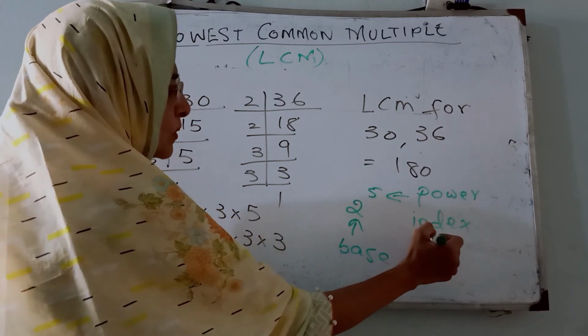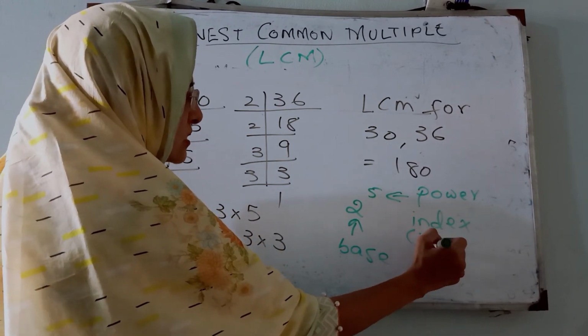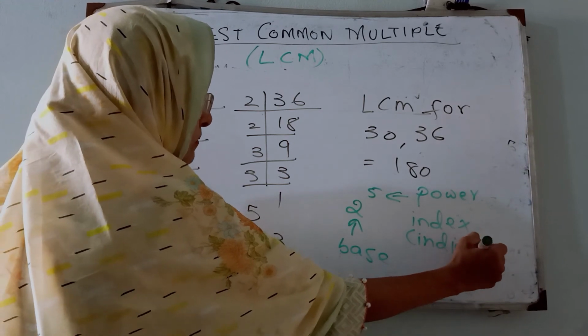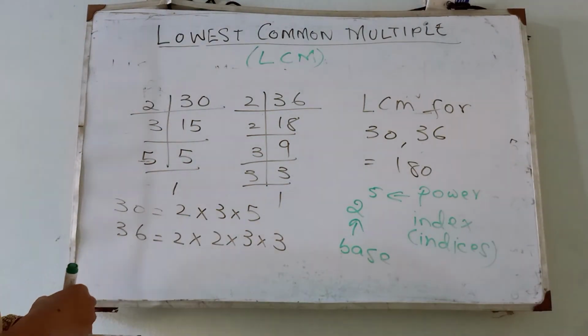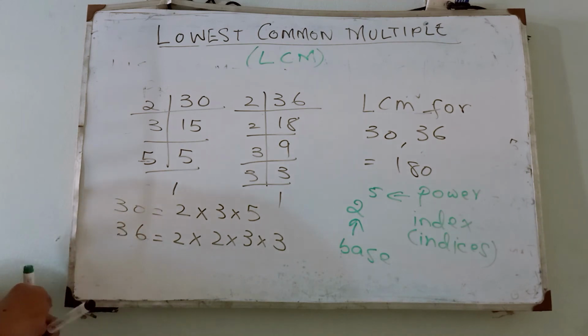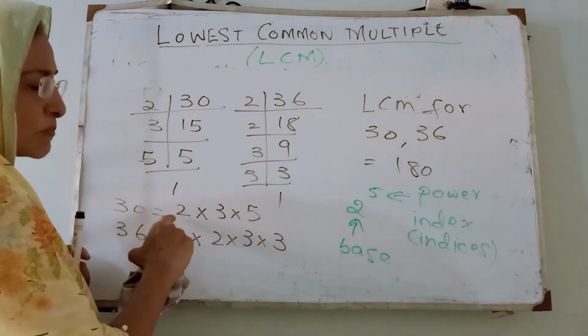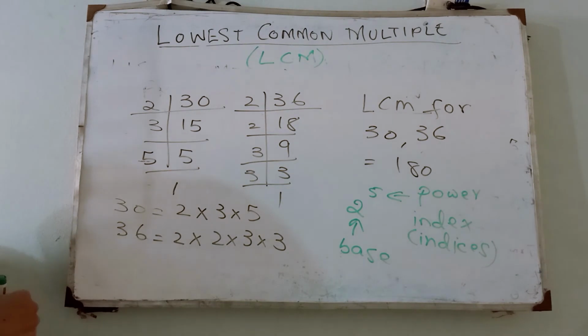The plural for index is indices. So when I say I have to show these numbers in the form of index notation, that means I have to write it in the form of power.